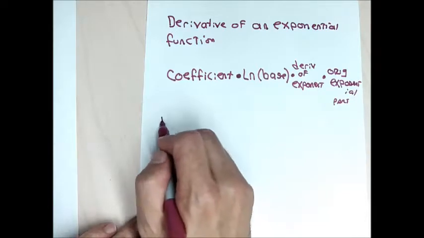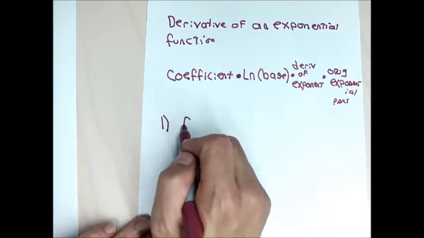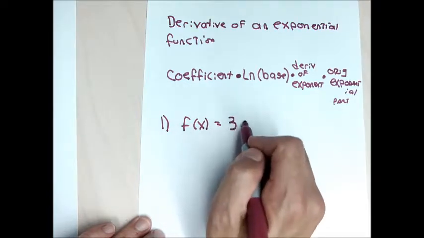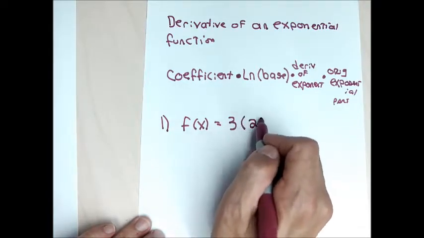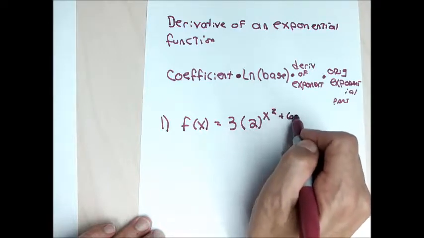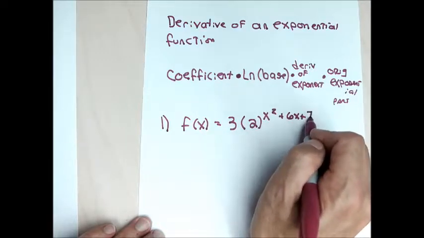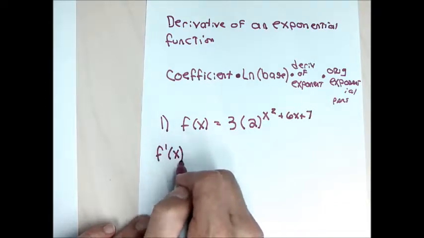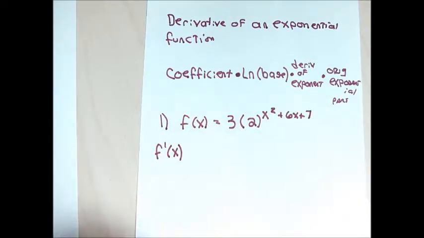So if I looked at the examples that I had written on the previous page and I wanted to find their derivative, the first example I just made up was f of x equals 3 times 2 to the x squared plus 6x plus 7. For the derivative, I'll just use this rule, but maybe I should identify the pieces.